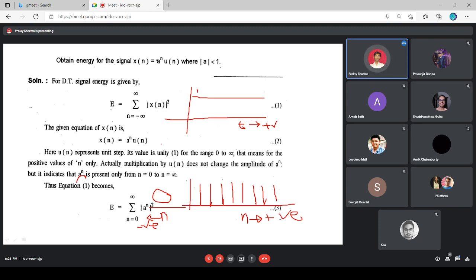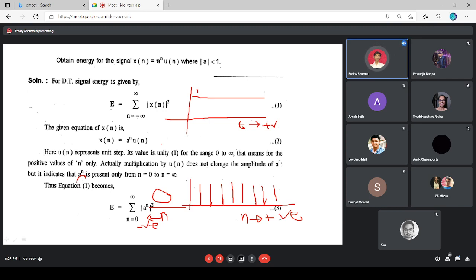So if some sample values of a signal fall in the negative values of n, they will be multiplied with 0, and ultimately whatever sample values are there for the negative values of n will be 0. So there will be no sample values for the negative values of n, and this way we can make any signal a causal signal. This is the purpose of multiplying any signal with u[n].